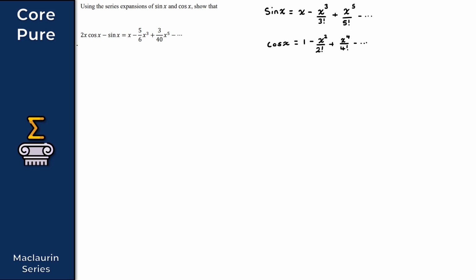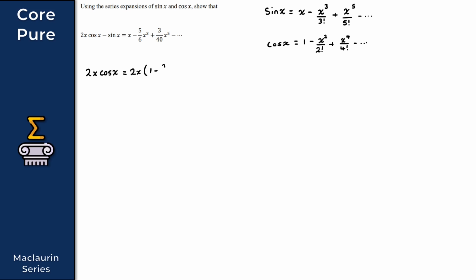So to begin with then, let's deal with the 2x cos x here. So for 2x cos x, all we simply do here is we take the series expansion for cosine x here on the right hand side, and we times that by 2x. Okay, so we get 2x times by the series expansion here. So we get 1 minus x squared over 2 factorial. So 2 factorial is 2.